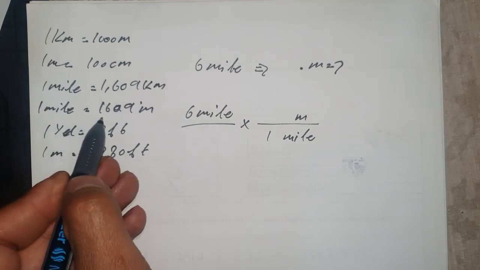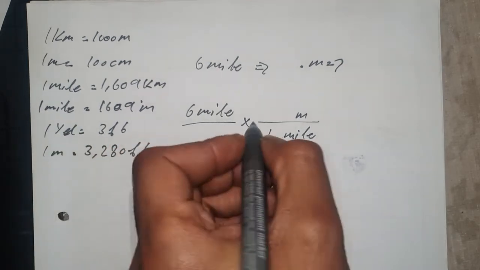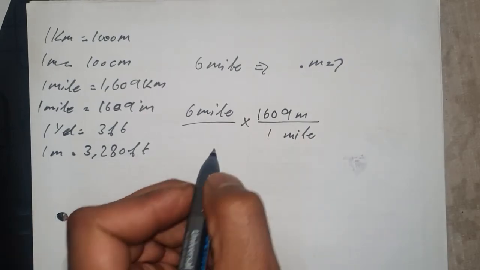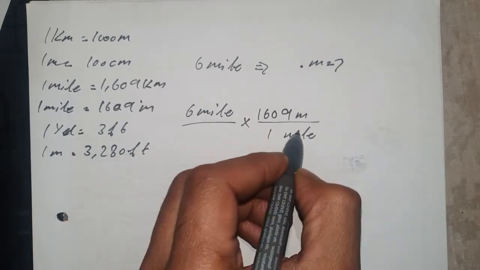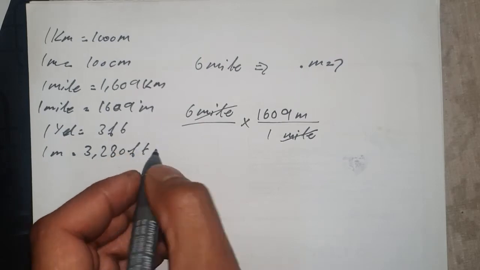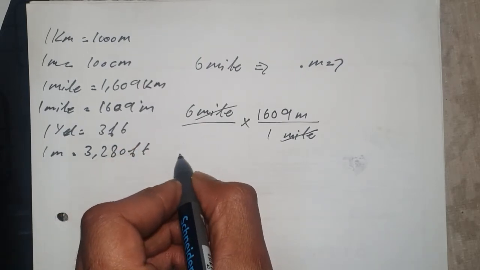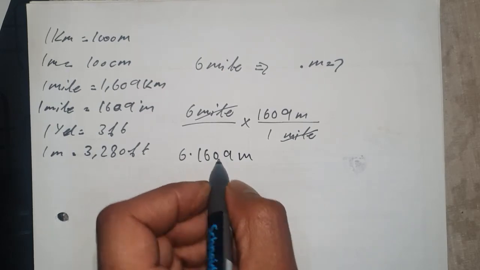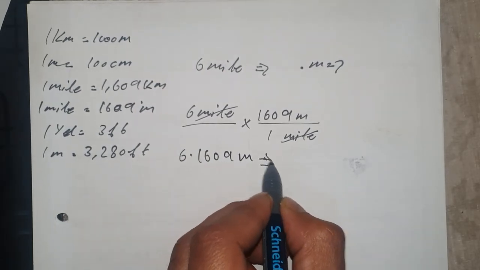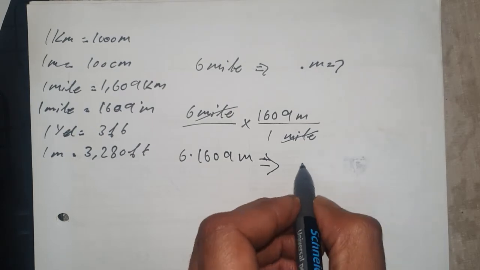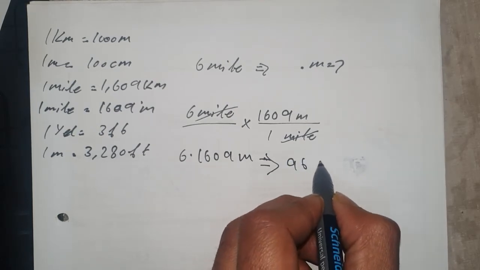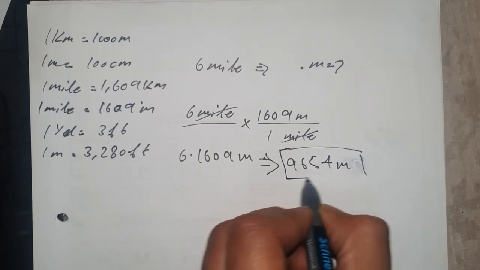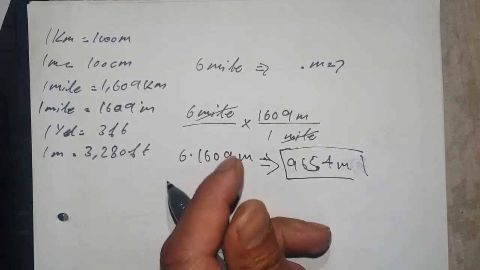In 1 mile we have 1609 meters. First of all, we cancel miles with miles, and then we end up with 6 times 1609 meters. Multiplying these, we finally get 9654 meters. And that's the final answer.